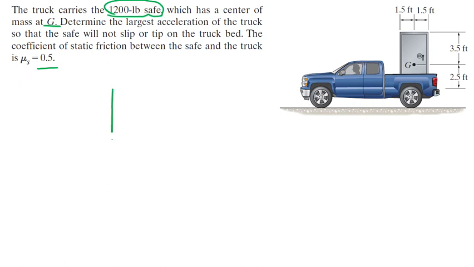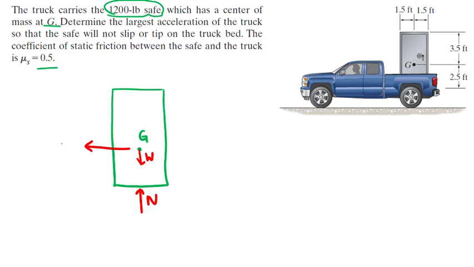The first thing is the safe free body diagram. This is point G. We have the weight. We have a normal force. We have the acceleration of the body in x direction.